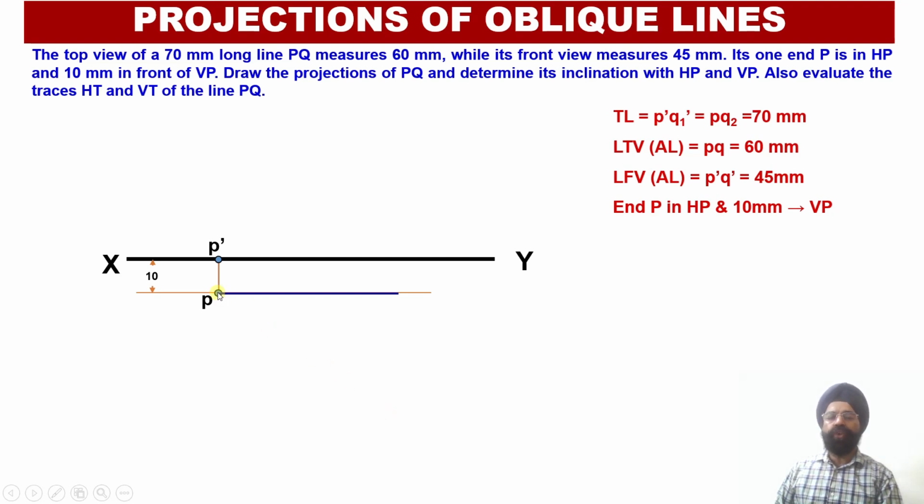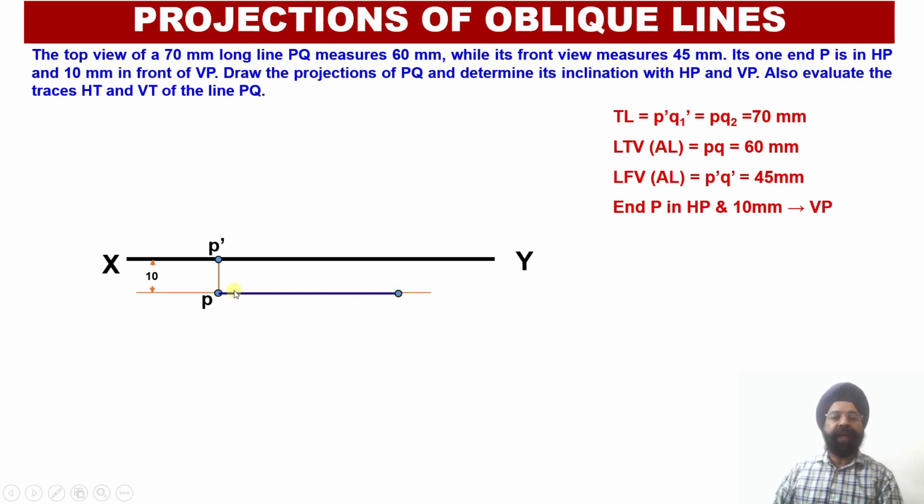But we also know that the length of this edge PQ is equal to 60 millimeter. In the rotation of the line problem, even if this edge is inclined with respect to the vertical plane, ultimately this edge PQ is rotated about this particular point P, so that we make this projection line PQ2 or PQ1 parallel to the vertical plane.